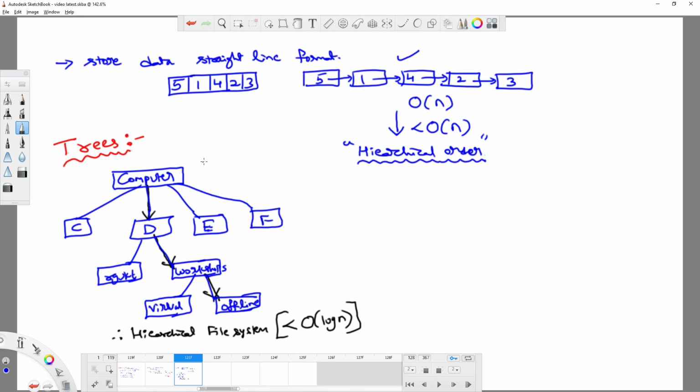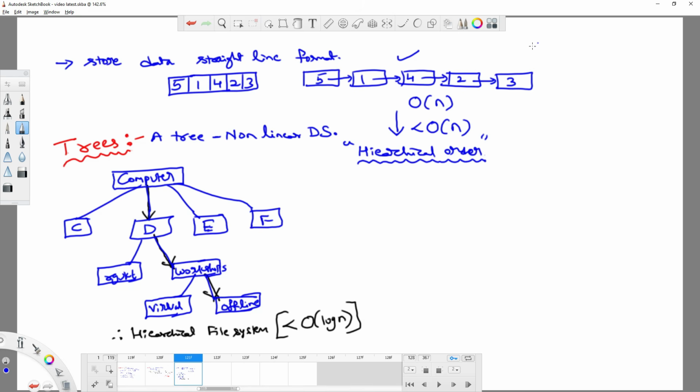We have classified data structures into trees, arrays, linked lists. Arrays and linked lists come under what kind of data structures? Linear data structures. Whereas a tree is a non-linear data structure. Why are we calling a tree a non-linear data structure?